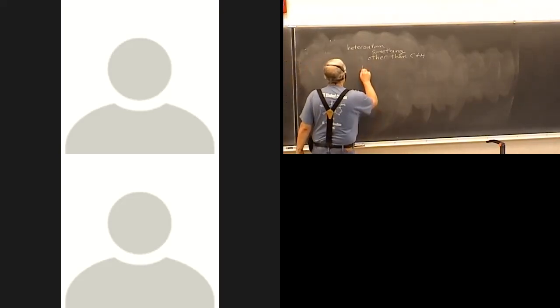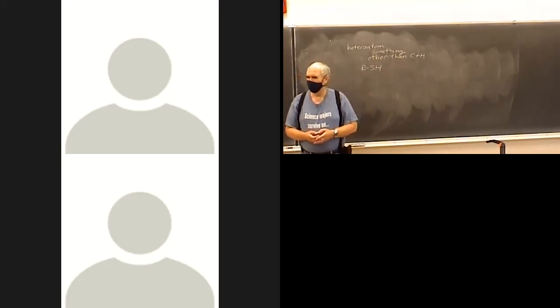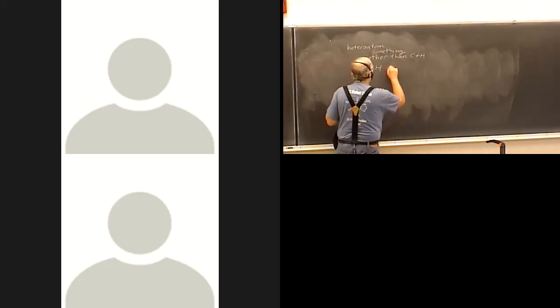Functional groups containing sulfur. Sulfur and oxygen are in the same family of the periodic table. Sulfur is right below oxygen, so we would expect sulfur to bond similarly to oxygen. It normally forms two bonds. This is called a thiol.